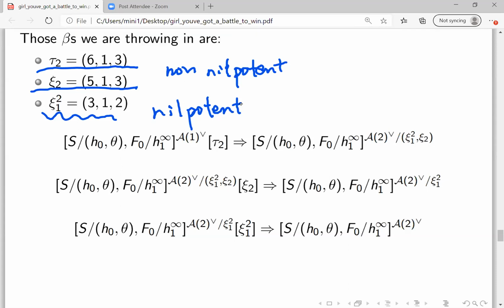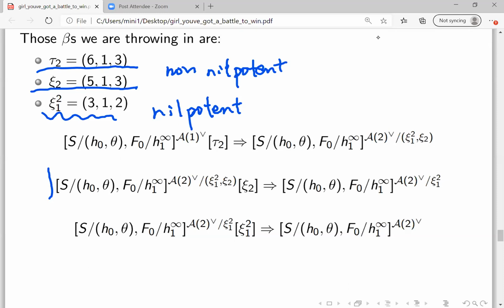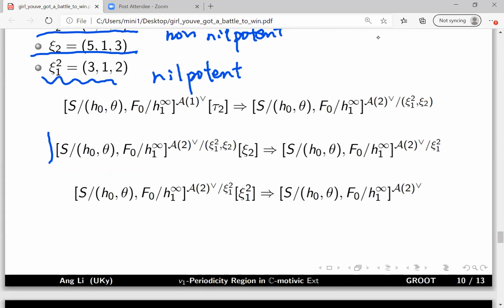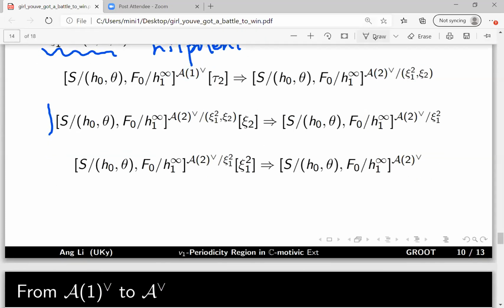So the conclusion is, over A2 dual, this thing has a vanishing line of slope 1/5. And then we figure out the intercept by plugging in points, like in calculus. So we actually get the vanishing condition here.